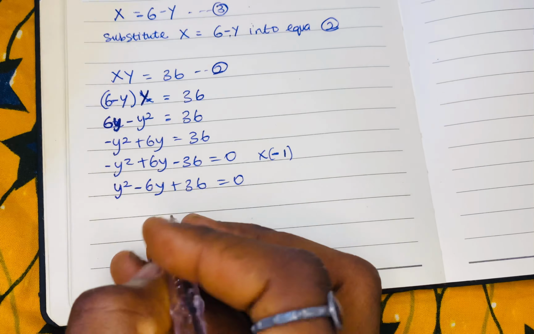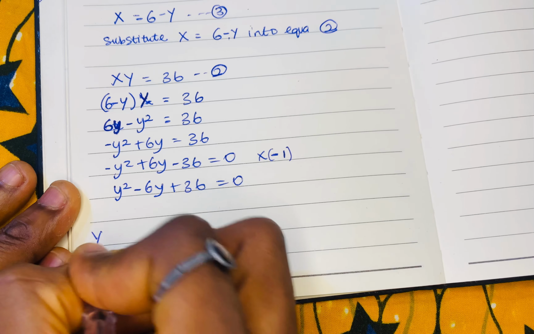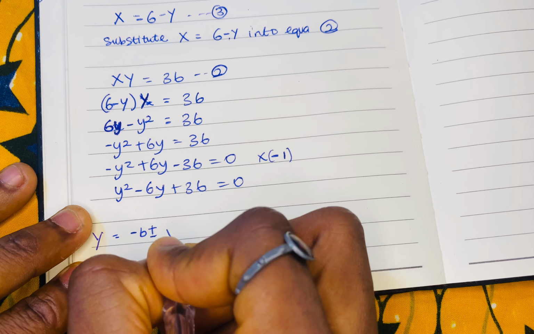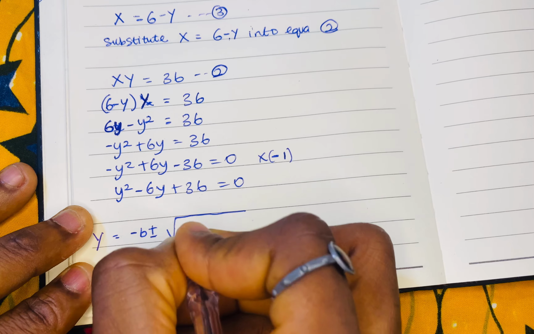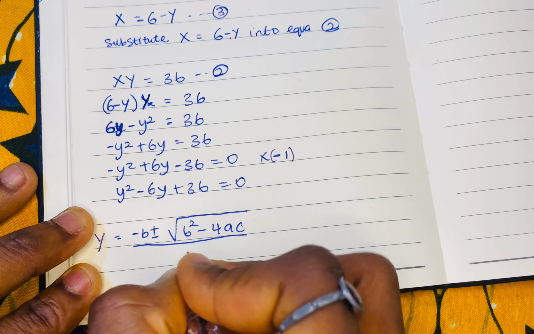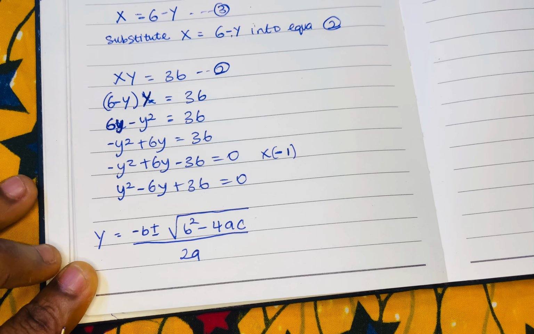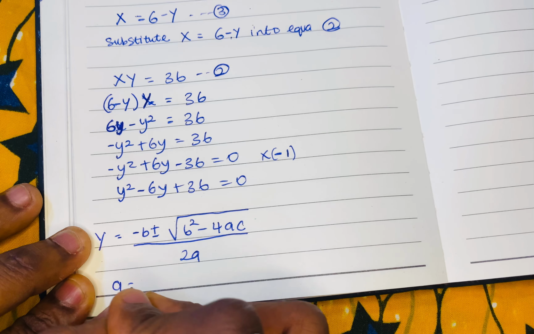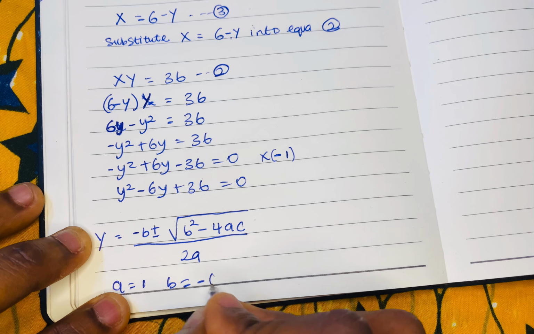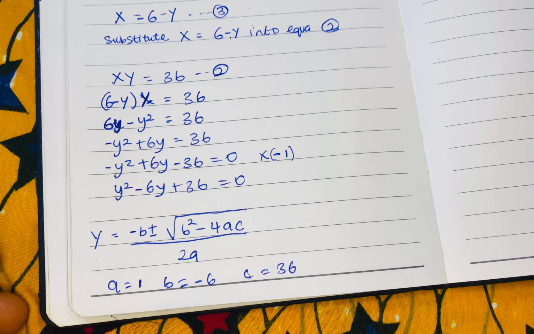You know that this thing is a quadratic equation, so we are going to use the formula y is equal to minus b plus or minus the square root of b squared minus 4ac, all over 2a. At this point, my a is the coefficient of y squared, which is 1. My b is the coefficient of y, which is minus 6. My c is equal to 36.